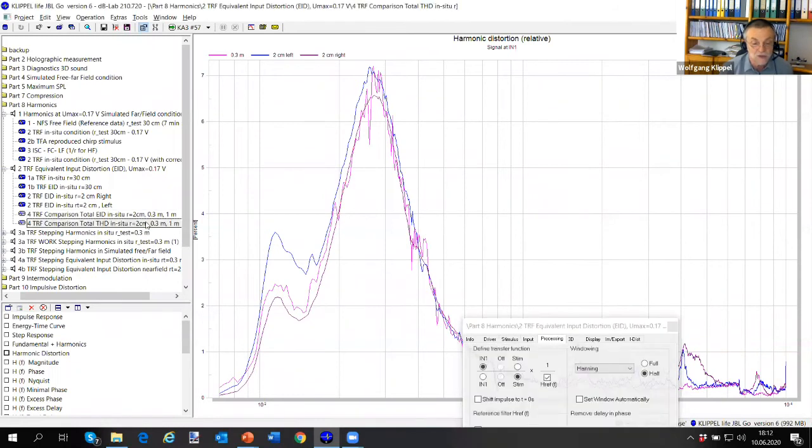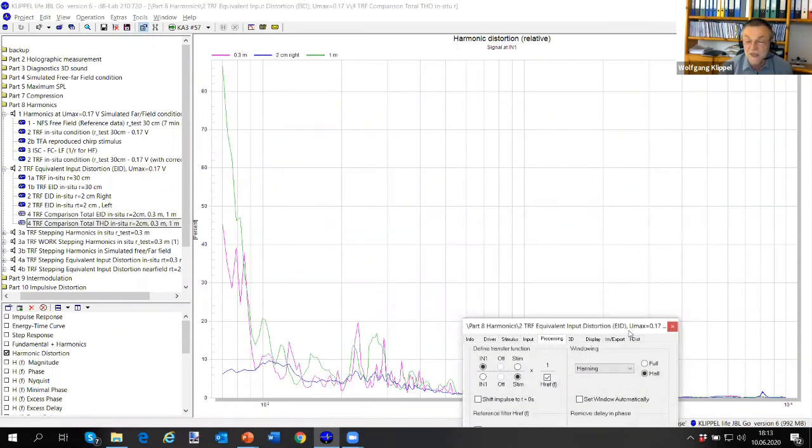That's the message. If you are doing the same with the normal relative distortion in percent, no chance. You get any value you like at 1 meter because you are following the fundamental, and the room influence makes everything very strange. You cannot interpret that.